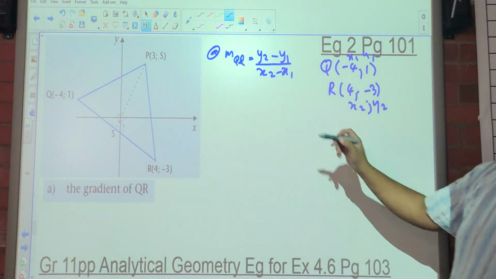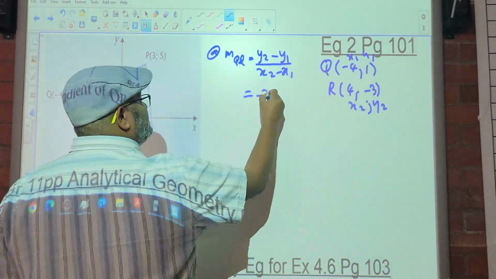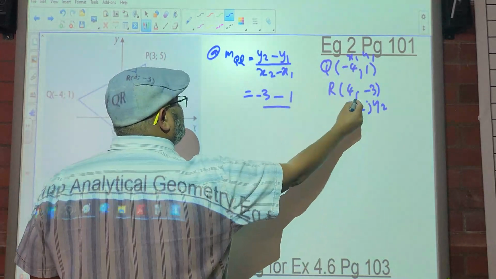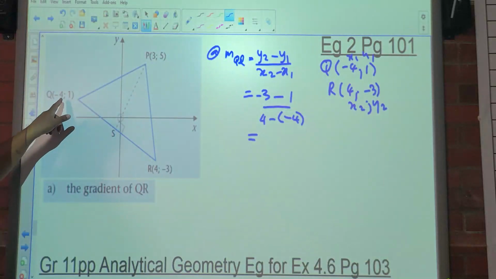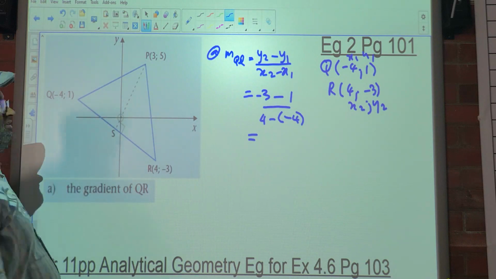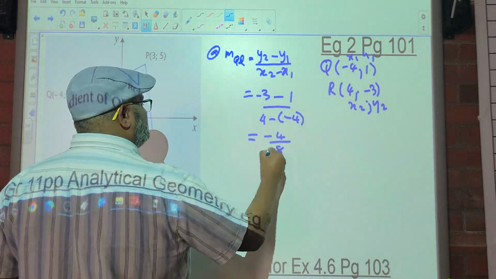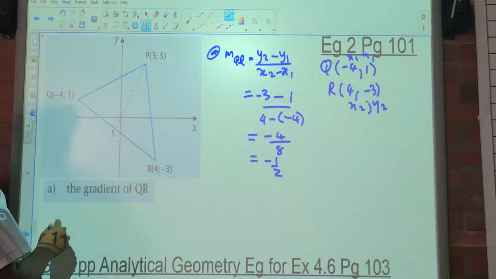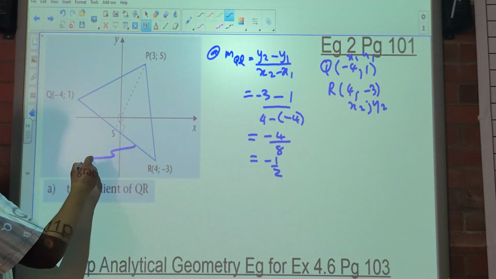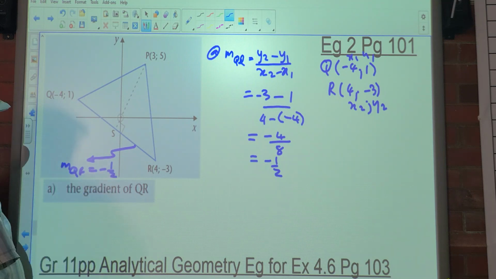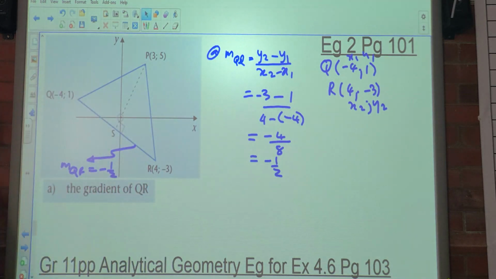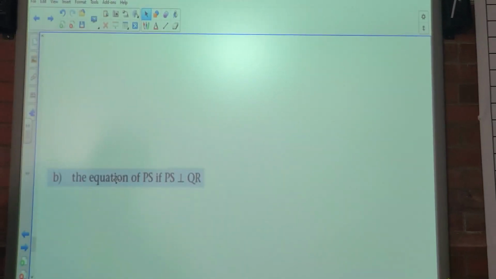So y2 is negative 3 minus 1 over 4 minus 4. What do you notice about QR? Is it positive or negative? Negative. So it's going to be negative 4 over 8, which is negative half, which confirms what we initially said. The gradient of QR is negative half. Is there any confusion there? No? B.